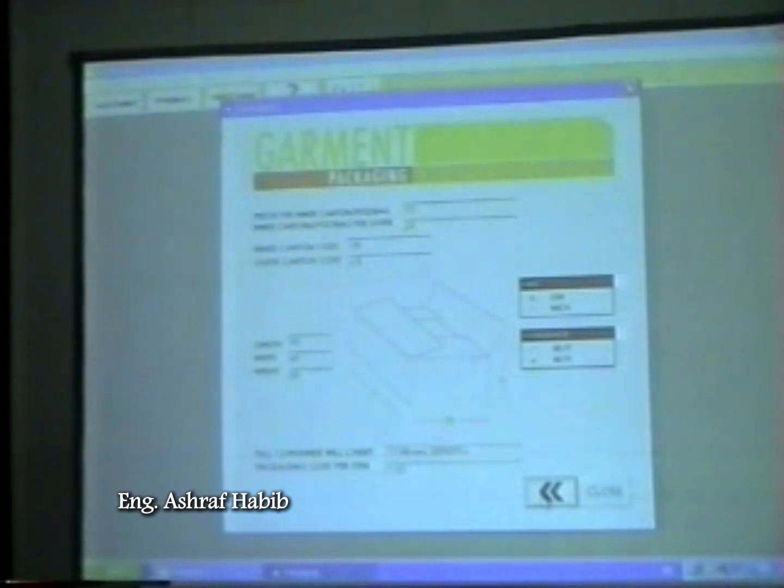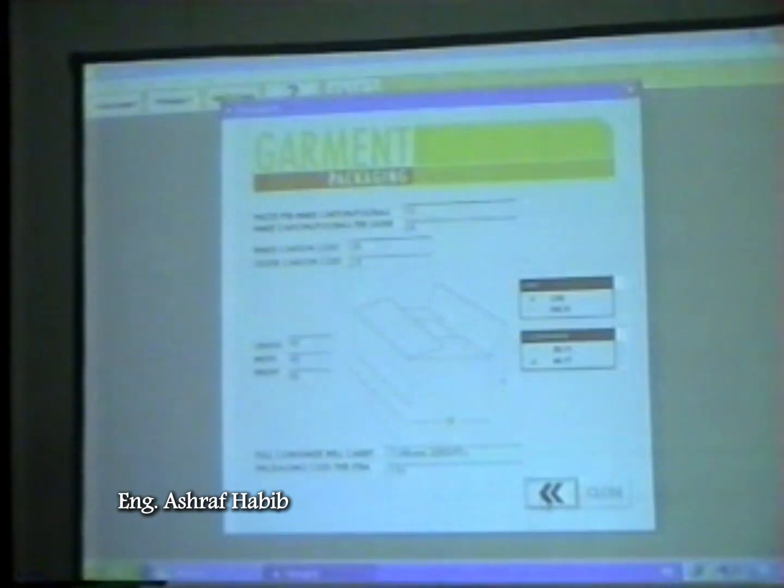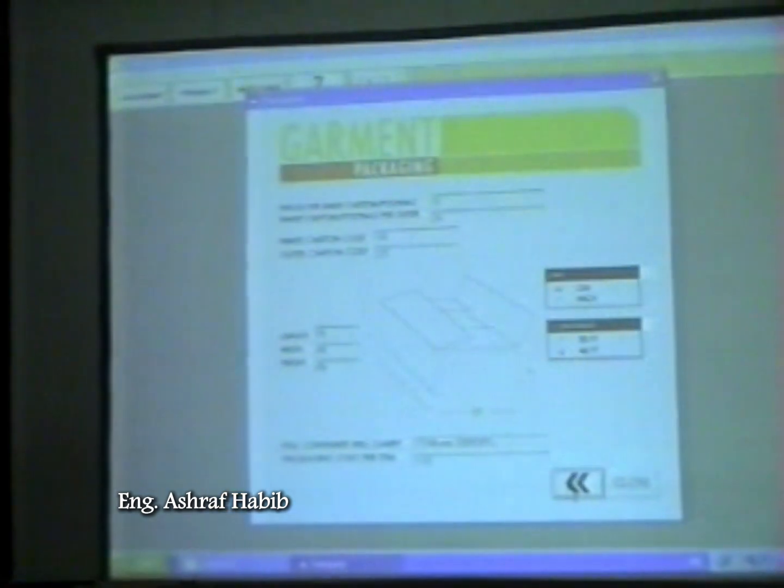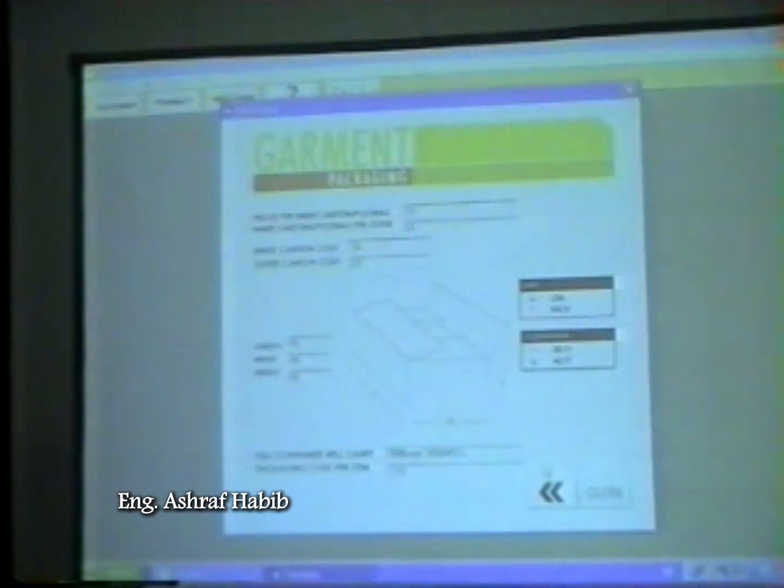What does this piece of the program help you with? Say you have an order for a number of t-shirts. The man wants 330,000 pieces and he opens an LC for 330,000 pieces.